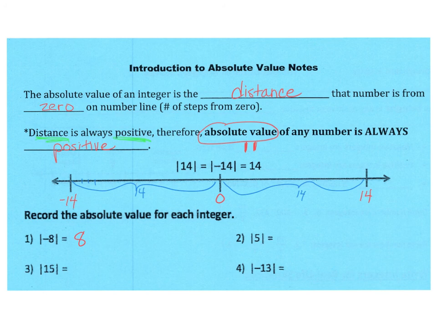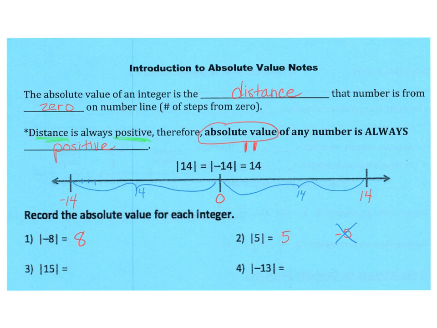That's all there is to it. Now on to number 2. So if you look at number 2, we're saying the absolute value of 5, because the 5 is surrounded by those absolute value symbols. So the absolute value of 5 is positive 5. Why? Because 5 is 5 steps away from 0. Some kiddos would be tempted to put a negative 5 as our answer, and that is not right, because remember, distance is never negative.